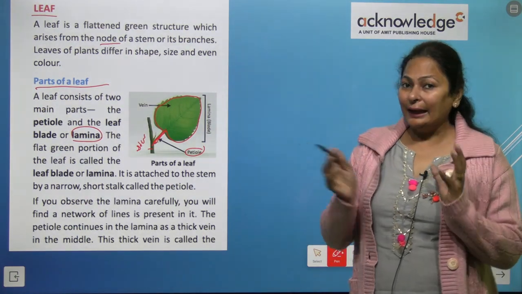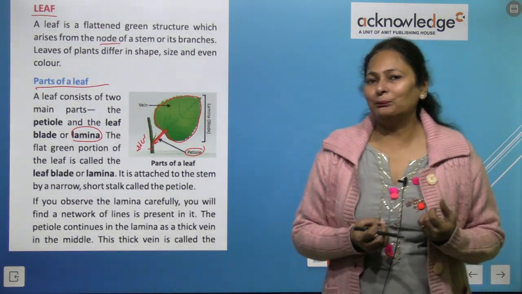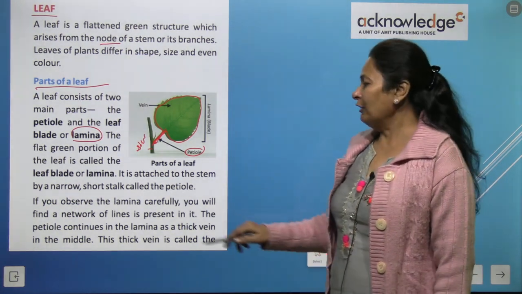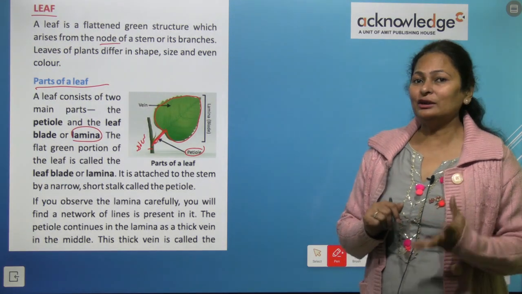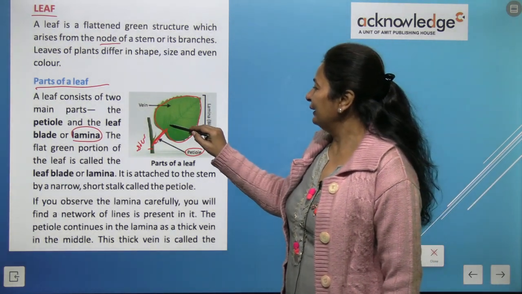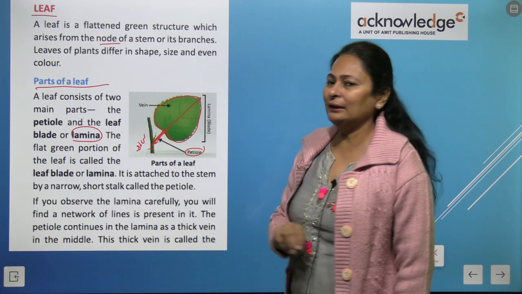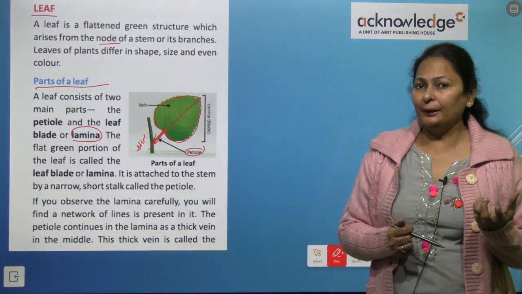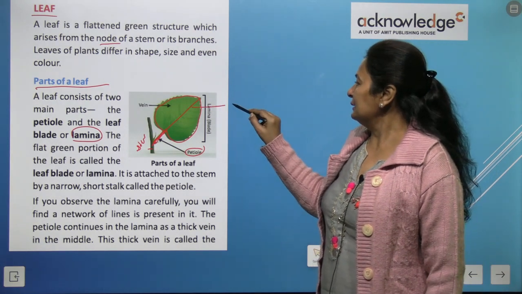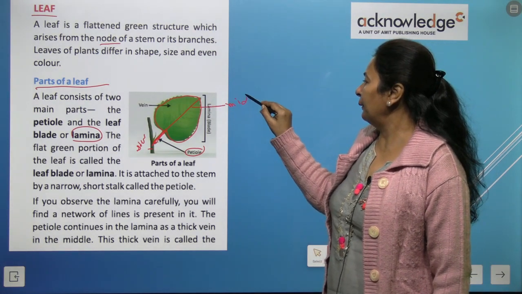It is attached to the stem with the help of the petiole. If you observe the lamina carefully, you'll find a network of lines, right? This is the main rib, which is in the center. We call it the midrib. This is the midrib.